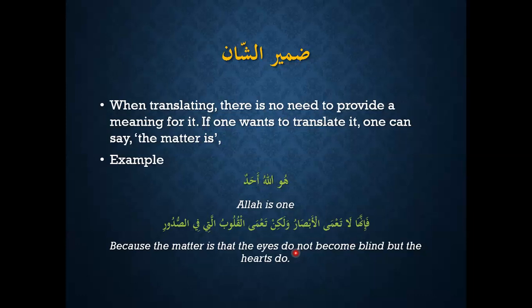It beautifies it. فإنها لا تعمى الأبصار ولكن تعمى القلوب التي في الصدور. Okay. فإنها. So you did not need that إنها. You could just say فإن, indeed, لا تعمى الأبصار, indeed, the eyes do not get blind. ولكن, rather, the heart gets blind, the ones which are in the chest.